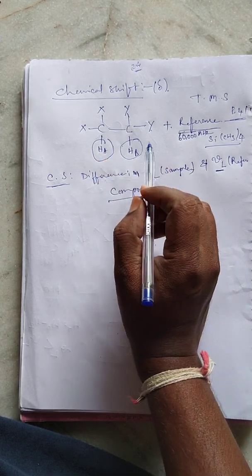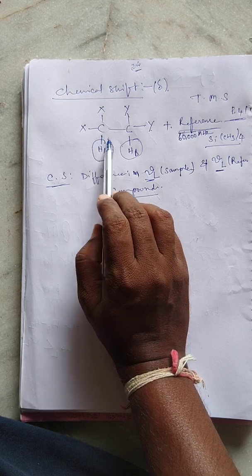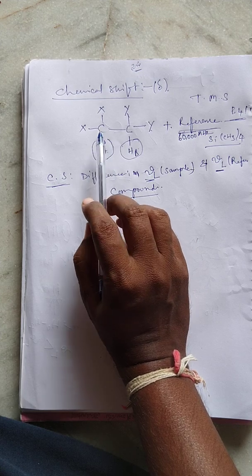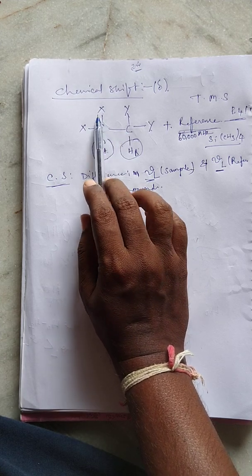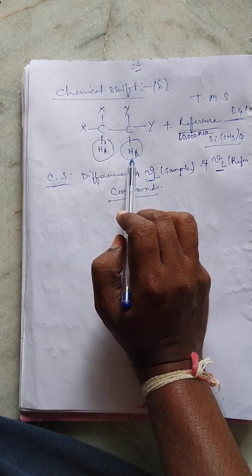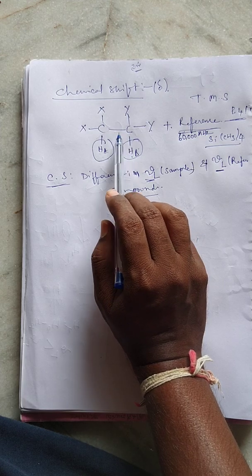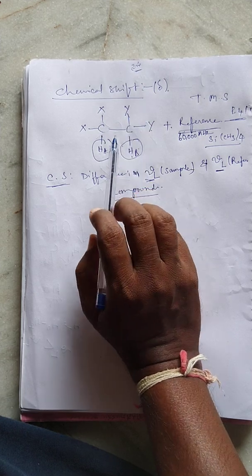Here you can identify that the environment around this proton is different from this proton, right? Here this is connected to a carbon, which is connected to another carbon and two X groups, and here this proton B is connected to a carbon, which is directly connected to another carbon and two Y groups, right?